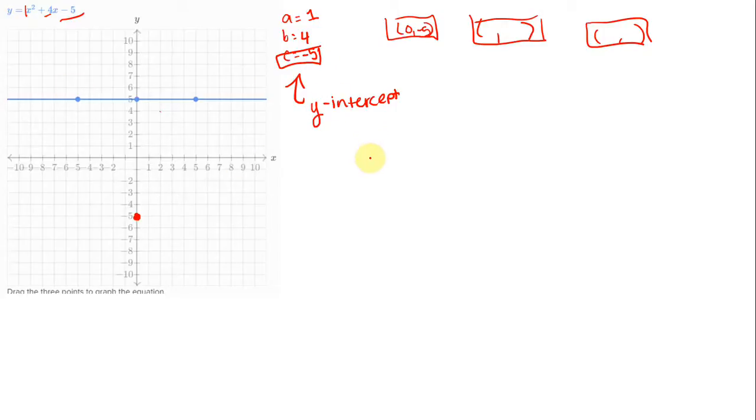And I can see that that's the case because if I take my equation, y equals 1x squared plus 4x plus negative 5, and I substitute 0 for x, then these two terms are going to both go to 0. 0 squared is just going to give me 0, plus 4 times 0 is 0, plus negative 5.